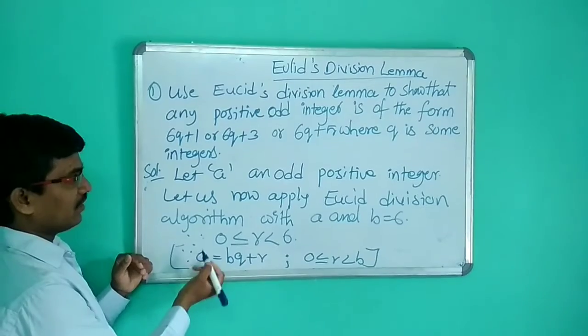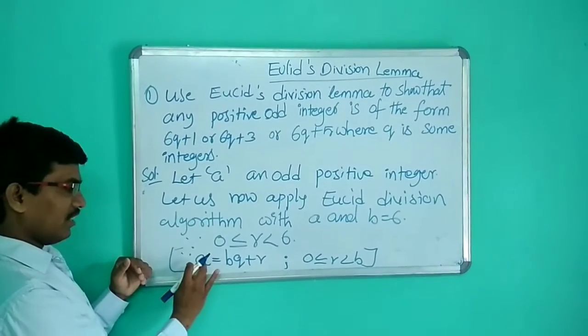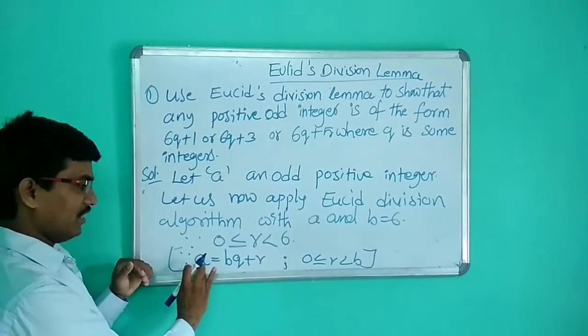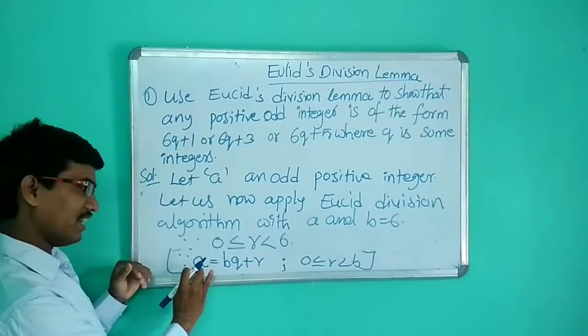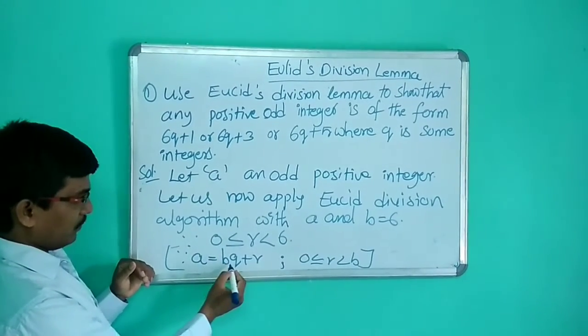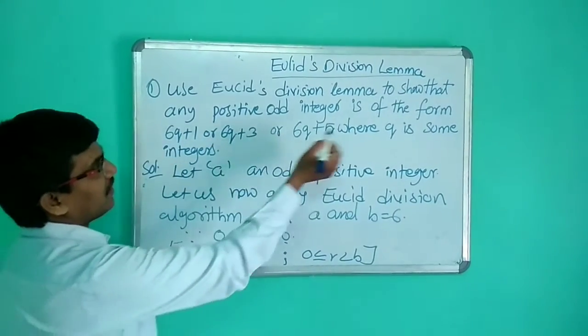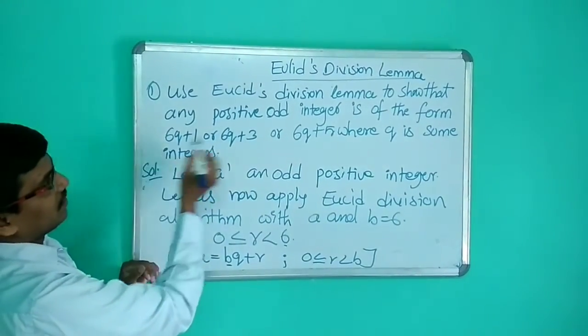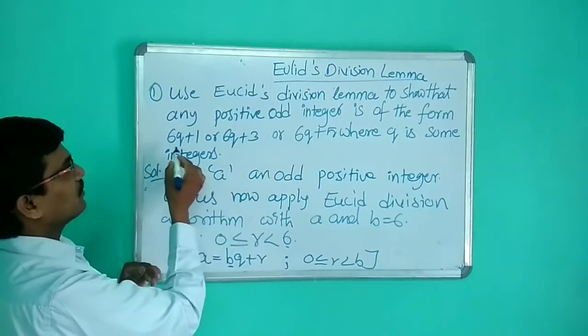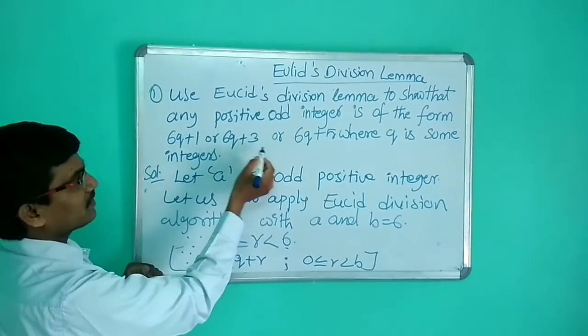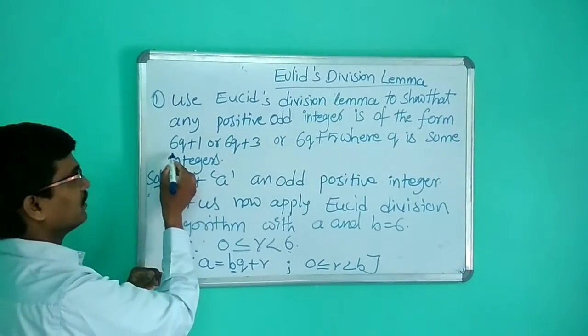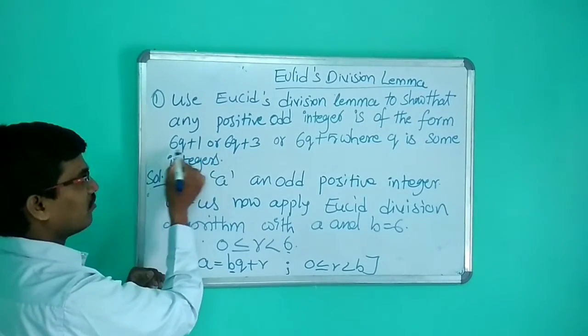Here we are taking any positive integer a. In the question, the integers are of the form 6q + 1 or 6q + 3 or 6q + 5, so 6q is the form.